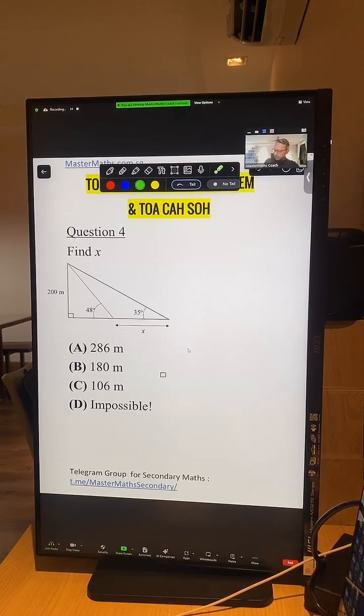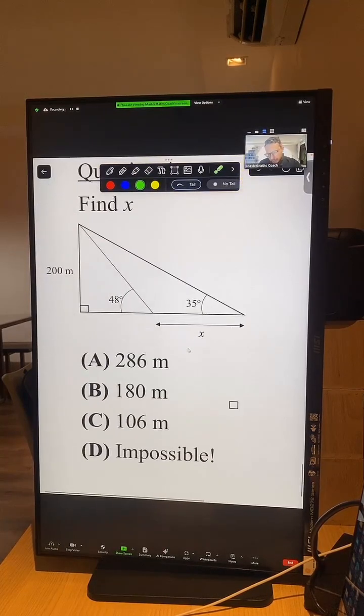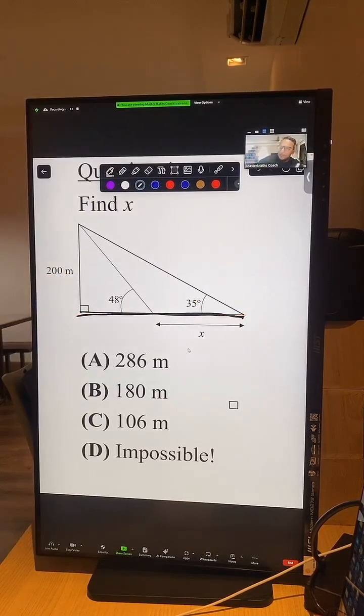Okay. Let's move on. So, in this question here, what I will do is, I will go and find the length from here to here. Okay, step number 1. How do I do that? Okay, I know that this is 35 degrees. I know that this is 200 meters.